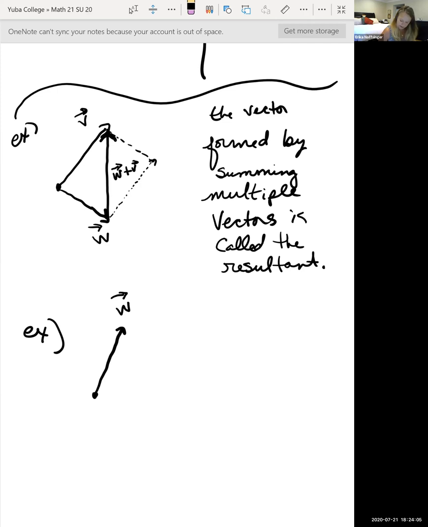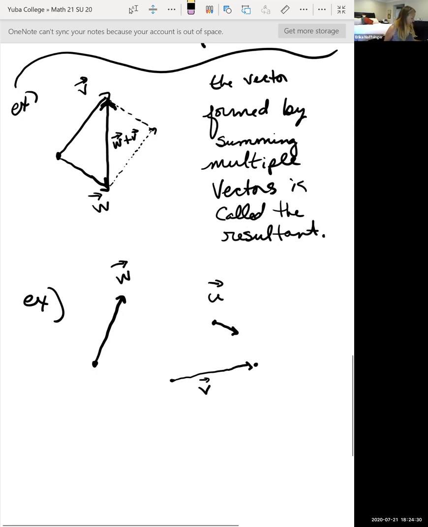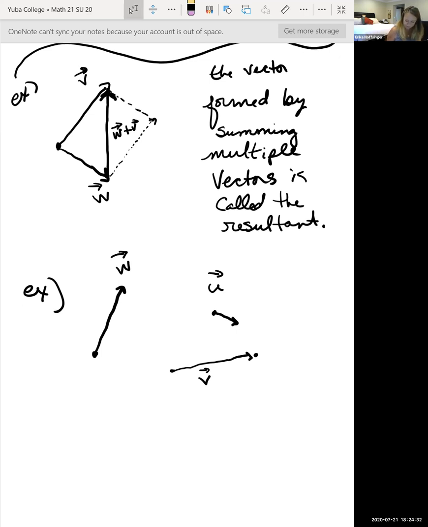You're given that U looks kind of like this, and V looks like this. And it wants you to find U minus 2V.